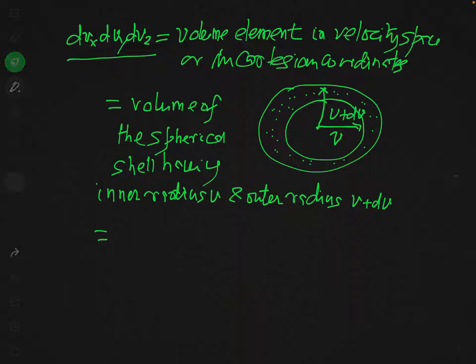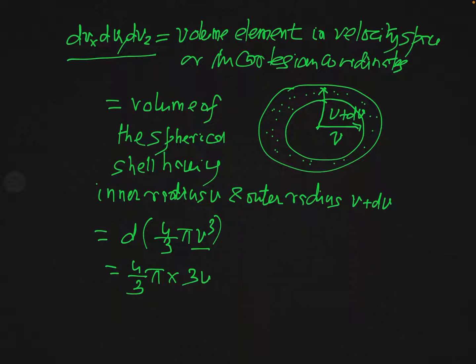In fact, we can easily see that this volume is the differential of the volume of the sphere with radius v, and the volume of the sphere with radius v is 4 by 3 pi v cube. And what will be this differential? 4 by 3 pi is a constant factor, and the differential of v cube will be 3 v square dv.